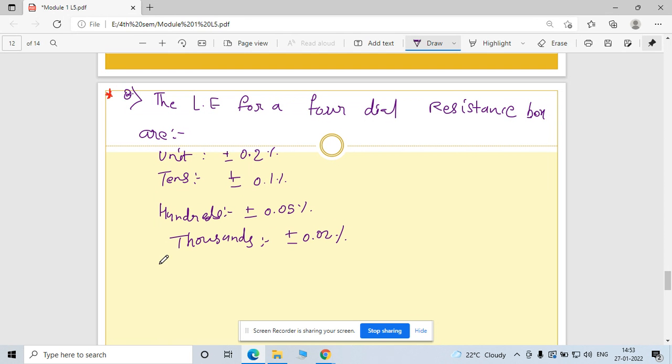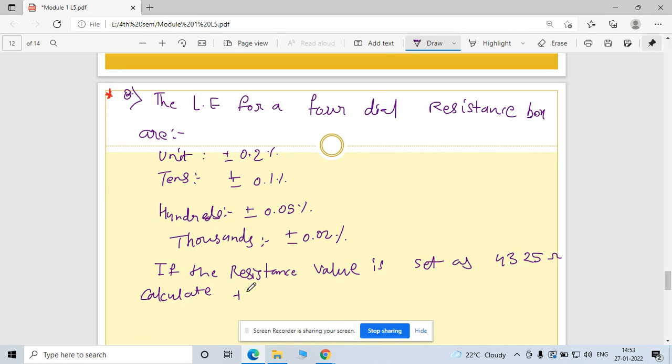So if the resistance value is set as 4325 ohm, you need to calculate the limiting error for this reading, for this value.